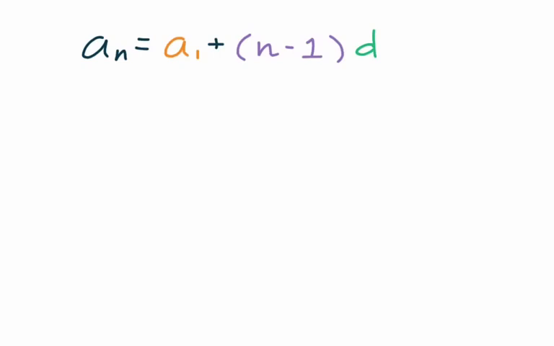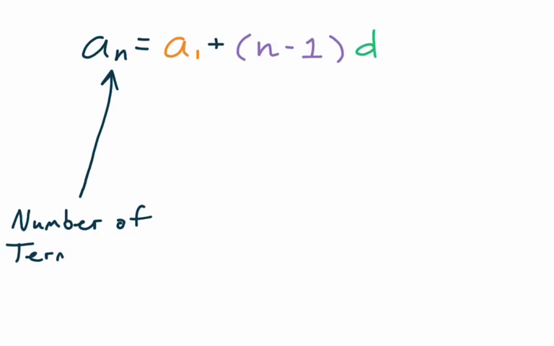We're basically talking about this right over here, the a of n. This is just going to refer to the number of terms we're solving for. I'll just handwrite it in: the number of terms you are solving for.